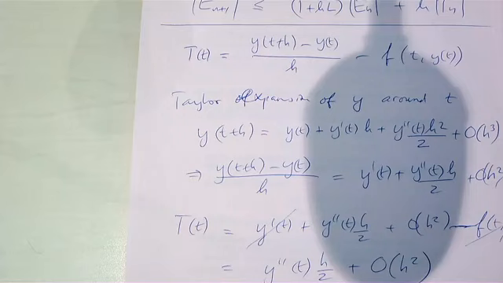That's why this term is bounded by e to the L t_n, where t_n is whatever step you stop at. Everything here is written in the lecture notes, so you know exactly what is going on.